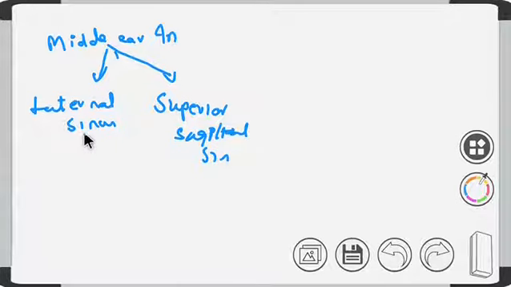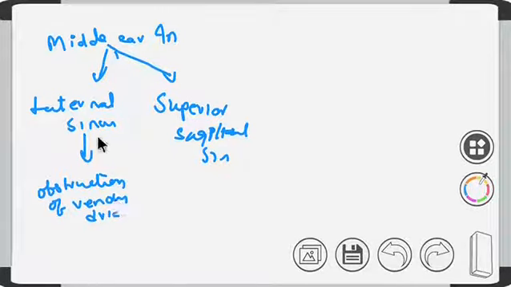When there is inflammation of the lateral sinus, it can result in obstruction of venous drainage, right?